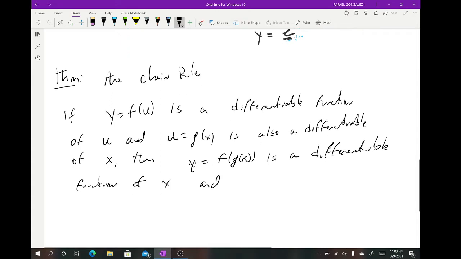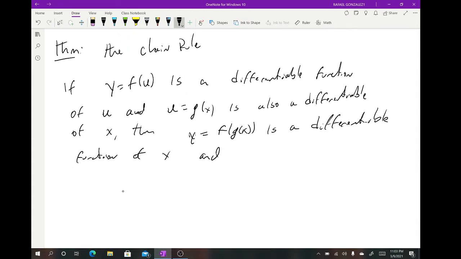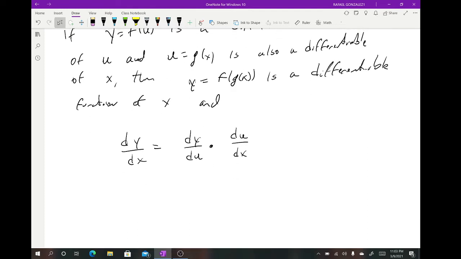And the derivative of y with respect to x is equal to the derivative of y with respect to u times the derivative of u with respect to x. I'll explain what this means in a second. Equivalently, we could write this as follows.